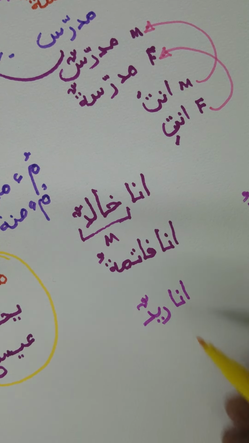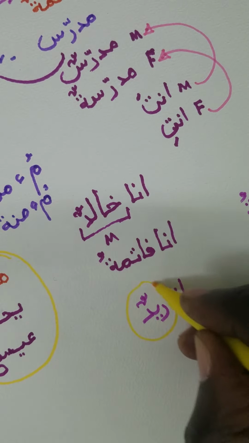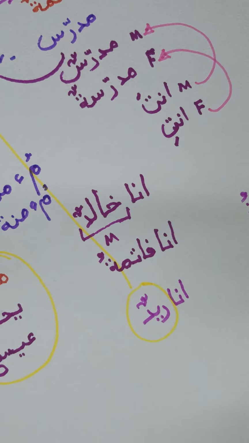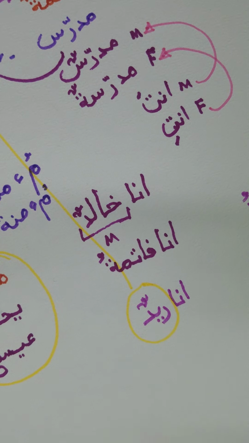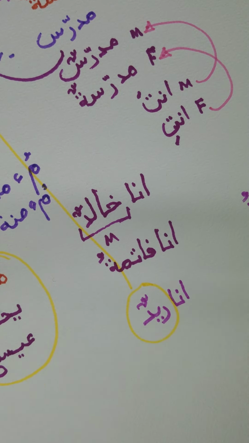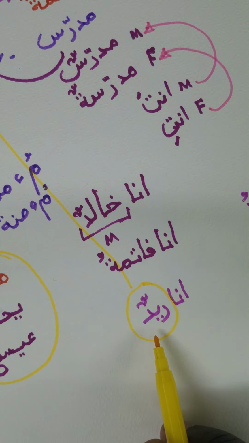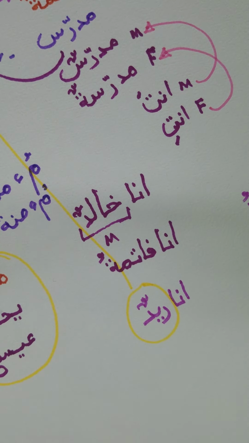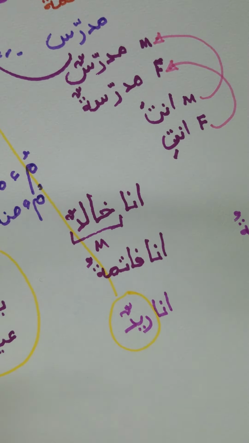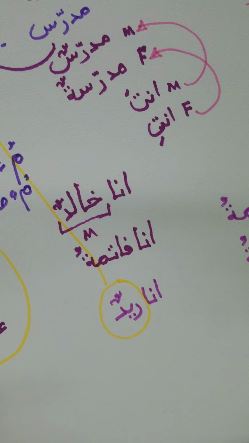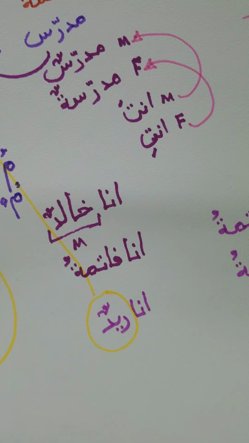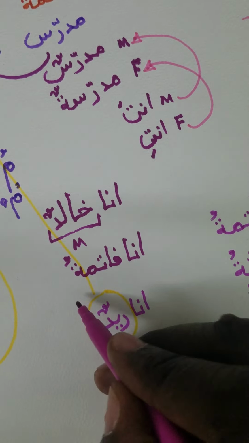So you see this one again. Ana Zaidun. Who was Zaidun? You cannot say here Zaidun because Zaidun is male. It's not female, so you cannot say here Zaidun or Auntie Zaidun. No. I hope this does not need so much emphasis because it is easy to understand. The name is male.